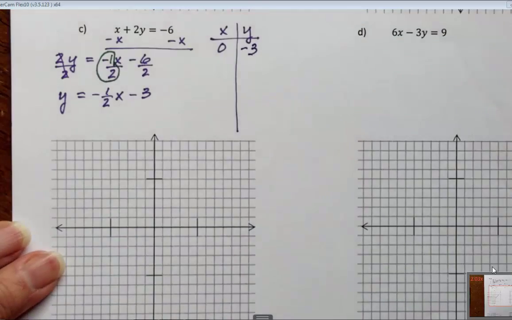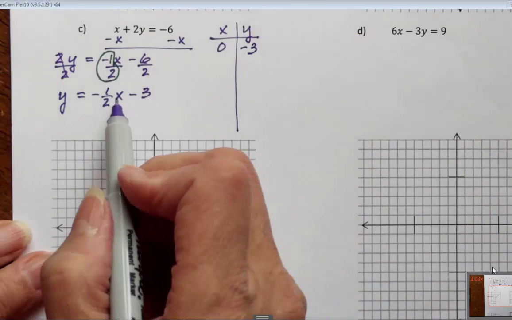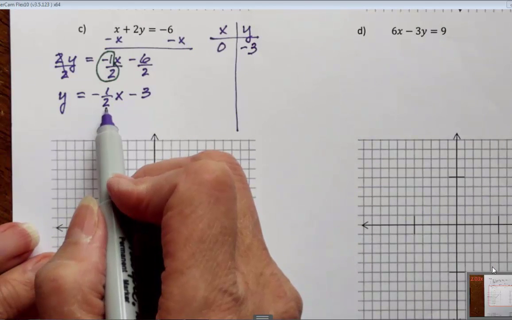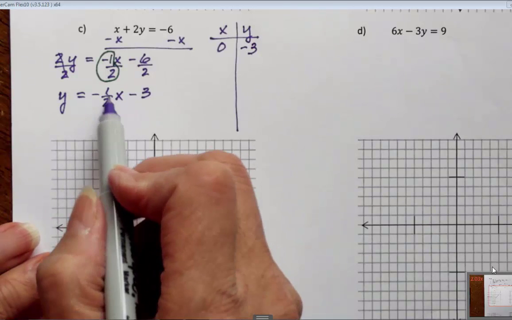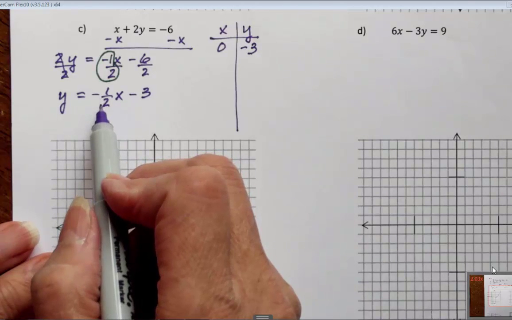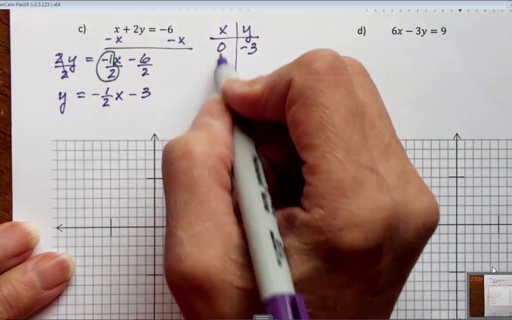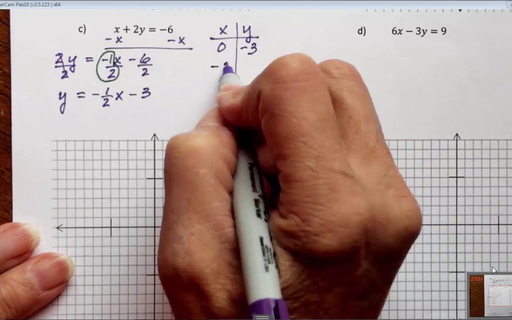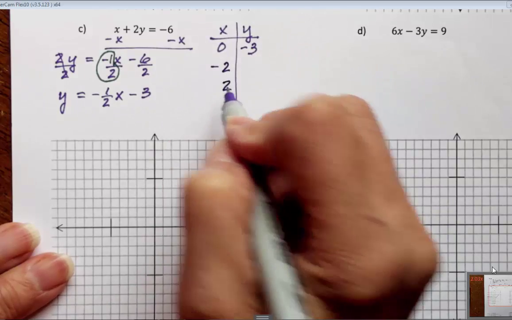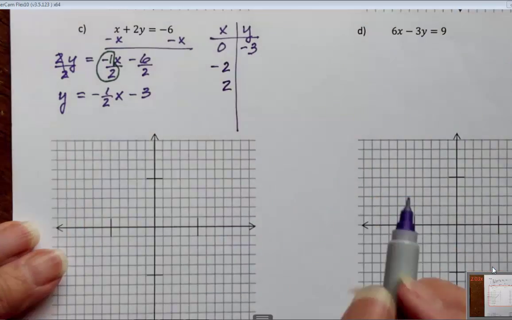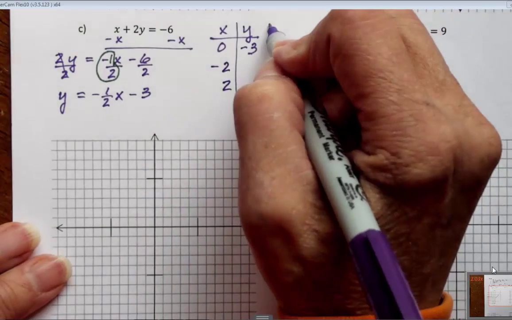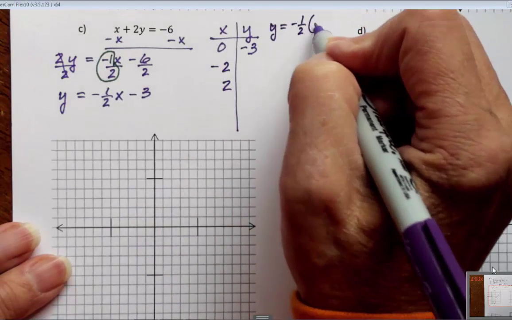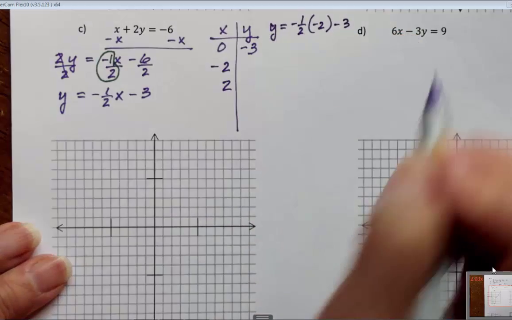Then I'm going to pick some other points for x, and the other points I'm going to pick, I want them to be able to be divided by 2, or nicely multiplied by 1/2. So I'm going to pick even values for x. So again, I'm just going to pick negative 2 and positive 2. When I put in negative 2, I end up with y equals negative 1/2 times negative 2 minus 3.